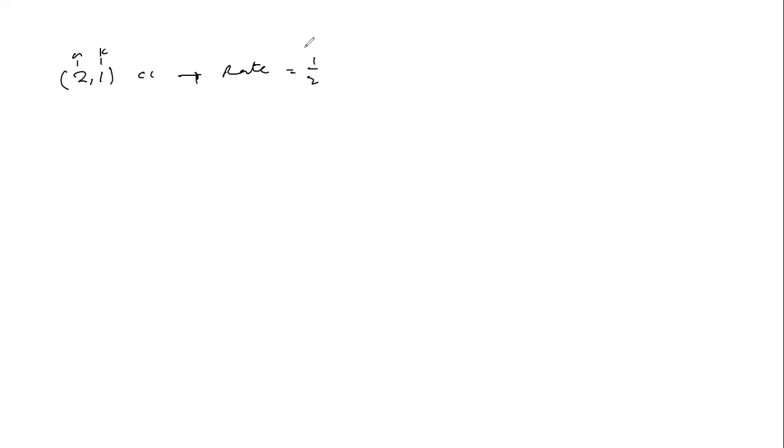Then, if we have a 3-stage encoder having a constraint length of k equal to 3, for instance, then for a 2 by 1 convolution encoder, here we have a constraint k equal to 3. Now the connection diagram looks something like this. So we have 3 shift registers, S1, S2, S3.